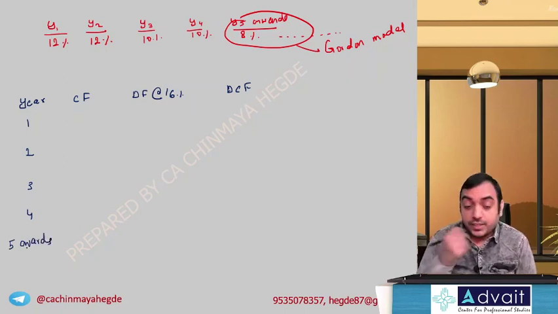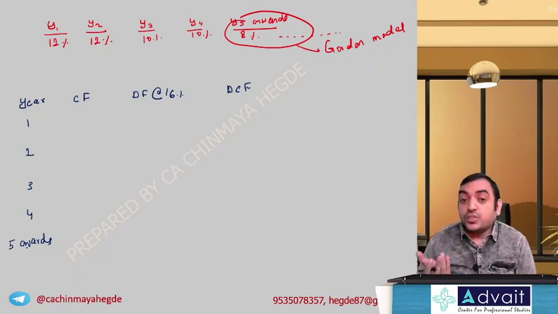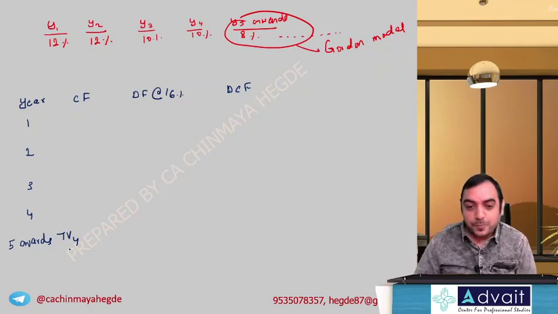Now please tell me, year 5 onwards, what price do you get? We don't use the term price, we use the term terminal value. Which terminal value do we get? Year 5 onwards means we get TP4 or P4. That's also fine. Let's calculate one by one.